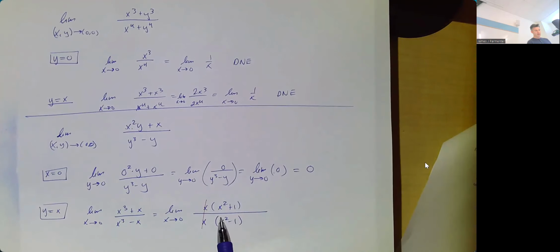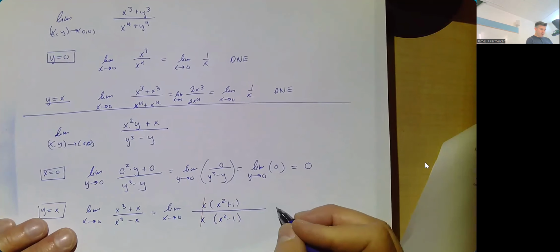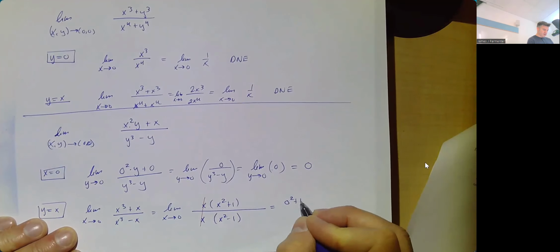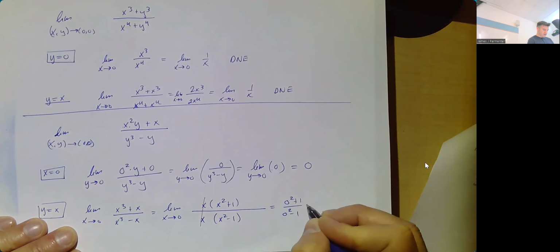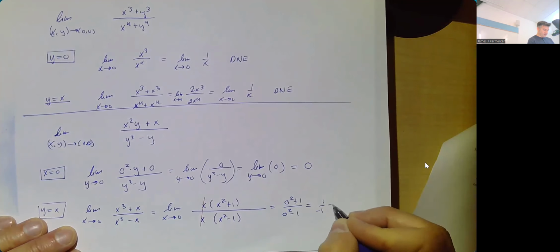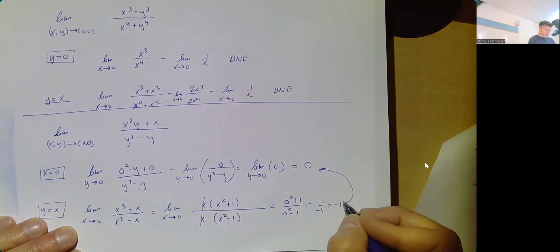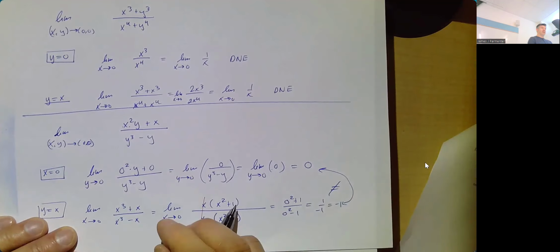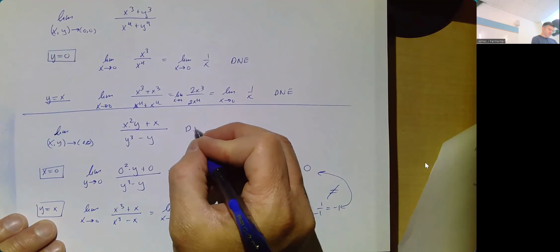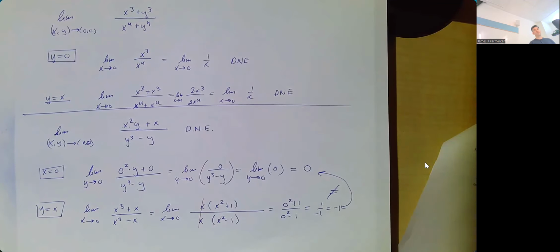And then for the remaining thing, we can plug in 0, and we get 0 squared plus 1 over 0 squared minus 1, which is 1 over negative 1, which is negative 1. And those are not the same. The limit does not exist. And it's definitely how I think we are meant to do this problem.